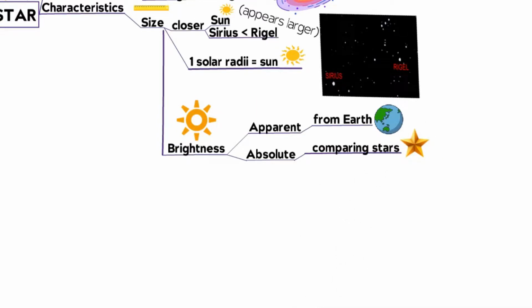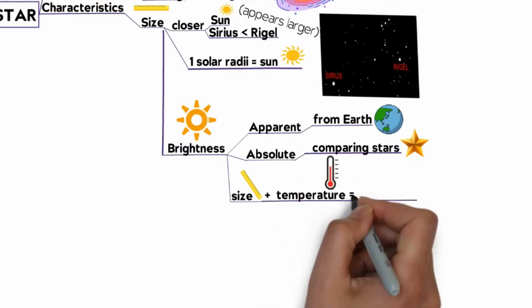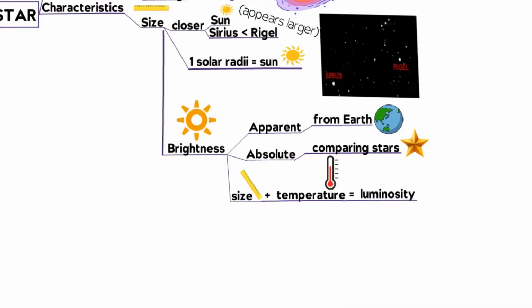A star's absolute brightness is the brightness the star would have if all stars were the same standard distance from the Earth. A star's size, along with its surface temperature, will determine its luminosity.